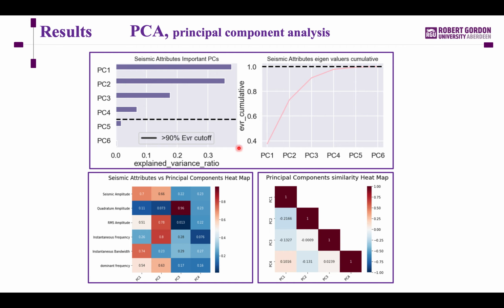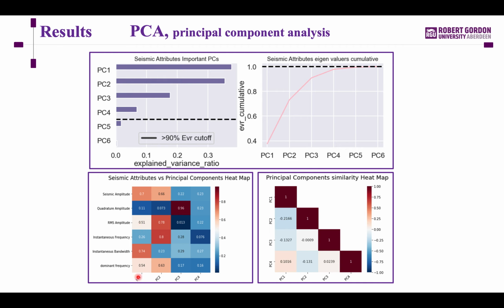To evaluate the attributes after the PCA, we have a correlation matrix. We see that some attributes correlated very well with the PCAs, and the others correlated with low values.